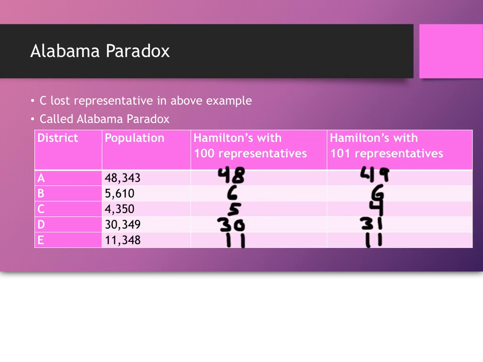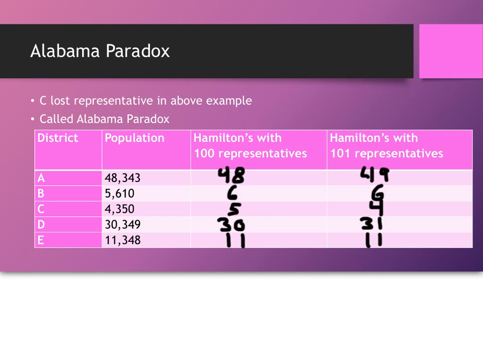On the previous 2 slides, if you use 100 representatives, we had 48 in District A, 6 in District B, 5 in District C, 30 in District D, and E had 11.